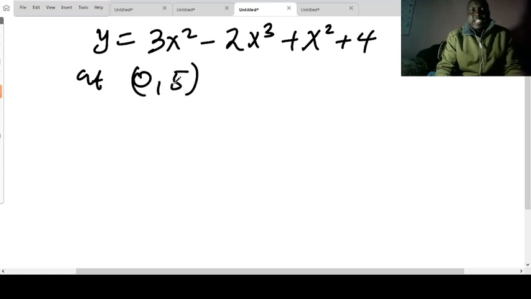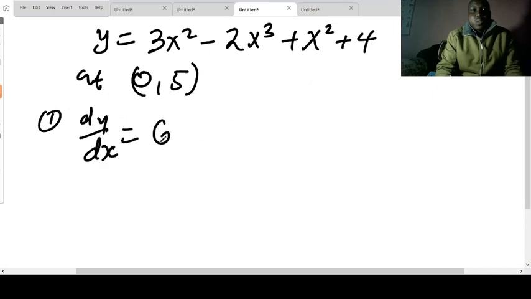So find the gradient. The question will be the same. Find the gradient. So rule number 1, differentiate. dy over dx itakuwa nini? Itakuwa 6x minus 6x squared plus 2x na 4 itakuwa 0.